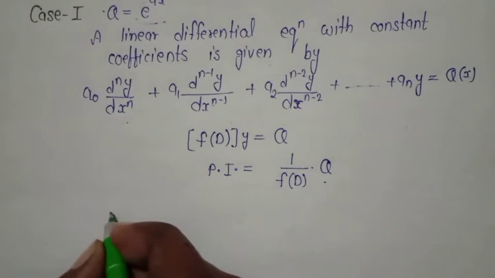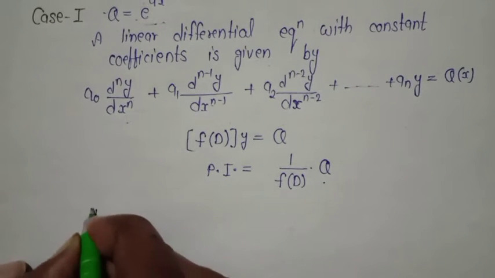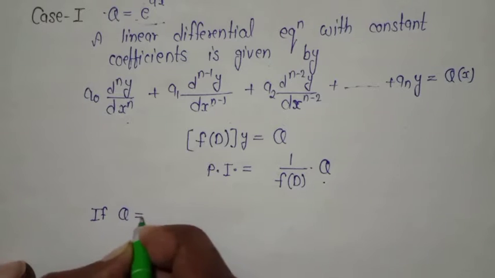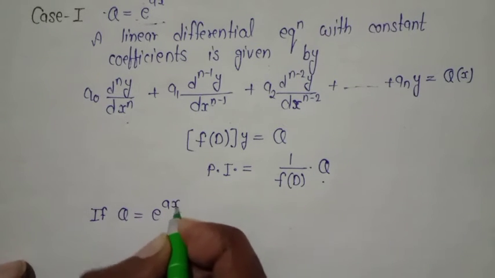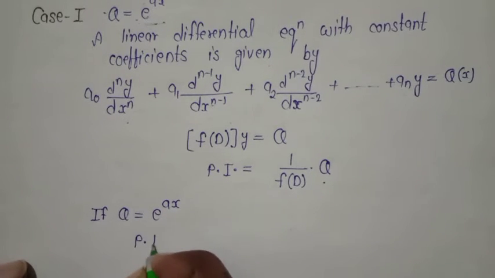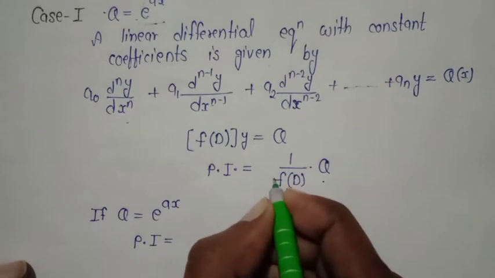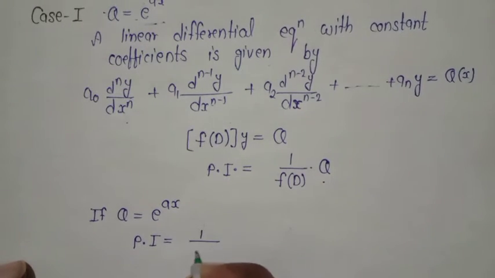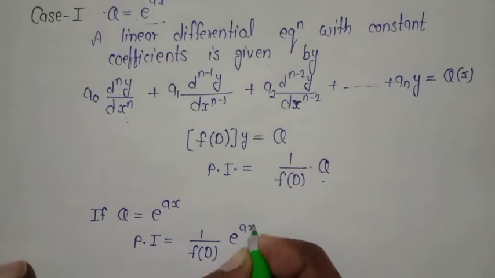So our case 1 is that if Q is equal to e raised to power ax, in that case PI is equal to, we will use this formula, PI is equal to 1 by f of D into e raised to power ax.